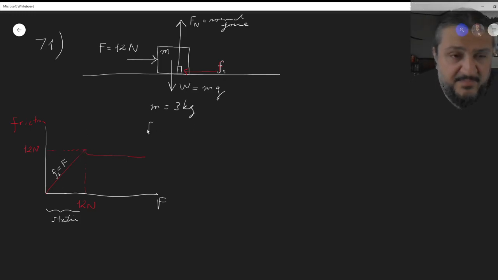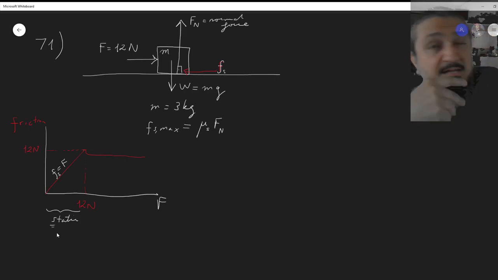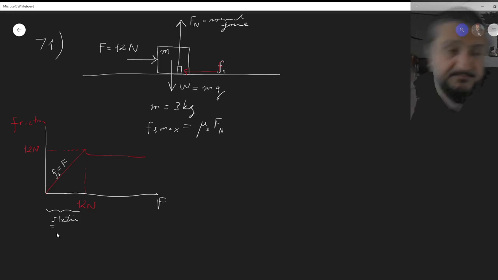And that maximum value, let's say Fs max, is related to the normal force. You just multiply the normal force, Fn, by a coefficient called mu, or mu-s in this case, s for static. That's the coefficient of static friction. So we know that the value here is equal to 12 newtons.